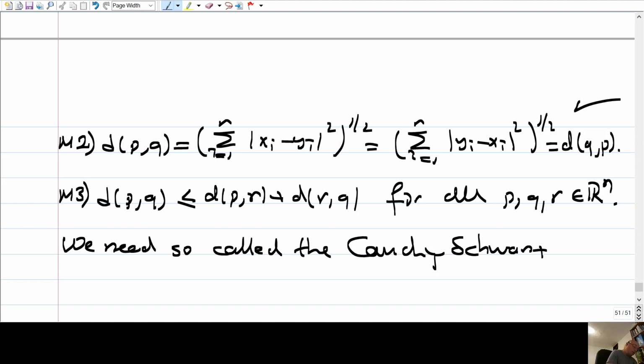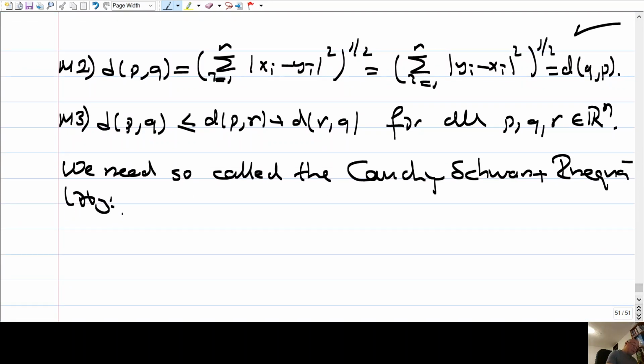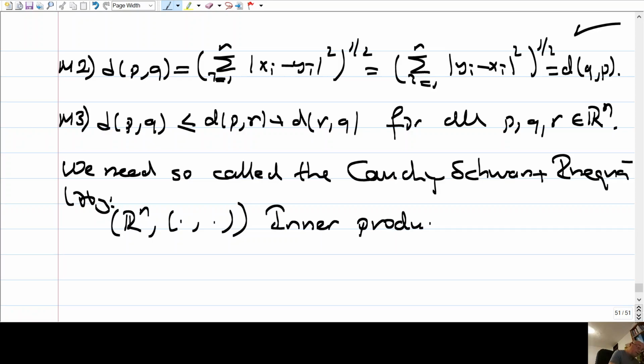Schwarz inequality. What is the Cauchy-Schwarz inequality? It is the following. We know that Rn is an inner product space, from linear algebra or advanced calculus.